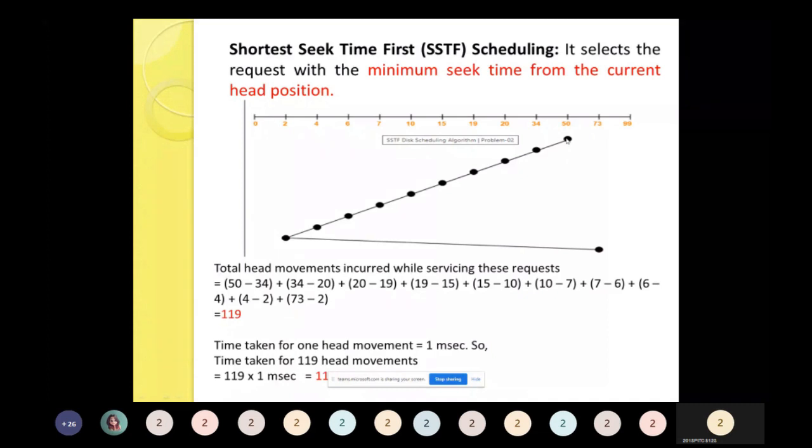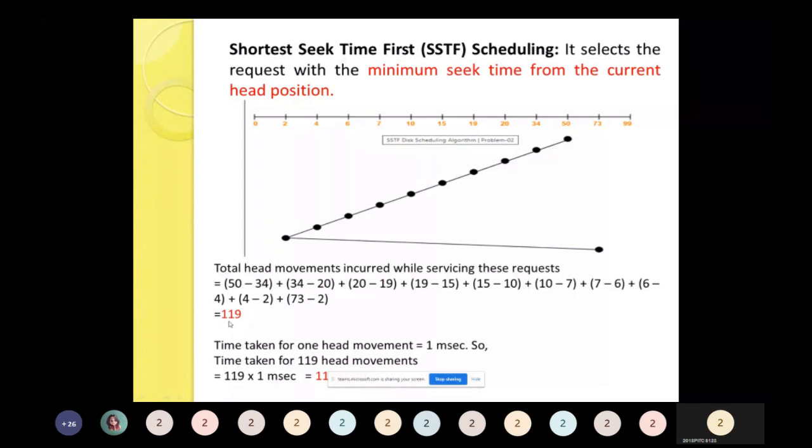First 50 minus 34, next 34 to 20, next 20 to 19, like this we have to write. 10 to 7, 7 to 6, next 6 to 4, 4 to 2, from 2 to 73. Since 2 to 73 would give a negative number, I'm writing 73 to 2. After this subtraction and adding all the values, I'm getting 119.